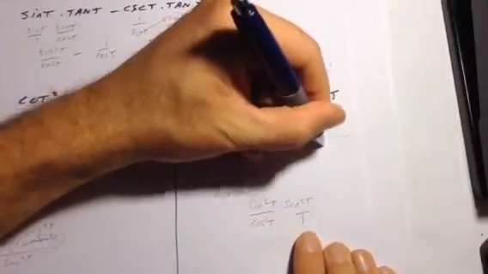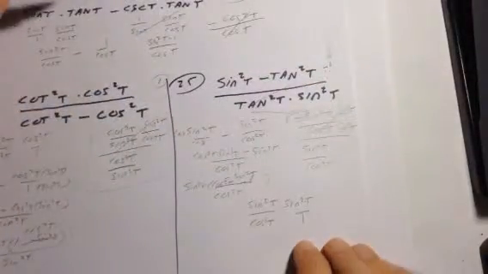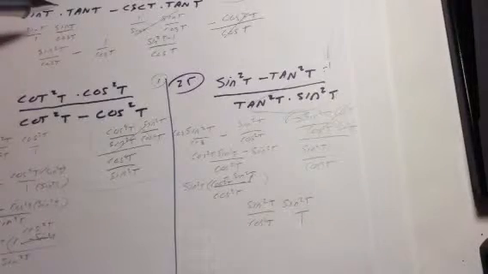Well, that gives me sine to the fourth t all over cosine squared t. I take the reciprocal, cosine squared t over sine to the fourth t. And it looks like, don't forget that negative 1. Cancel, cancel, negative 1 it is, and we're done. Those were good problems. Good job.